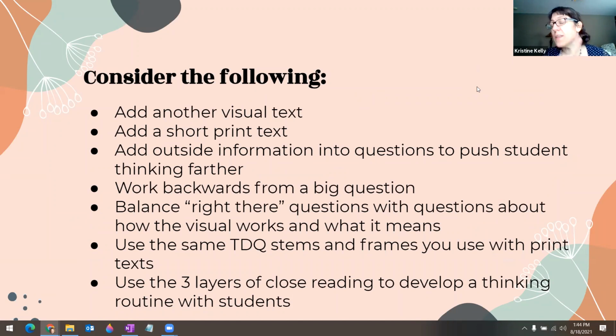And so with visuals, we do want to do that because visual data is all over the standards, and it's something our students see. It's something that our students have to deal with on a daily basis. And we want them to develop some skills and ways of thinking about visual information that maybe we haven't done in the past.